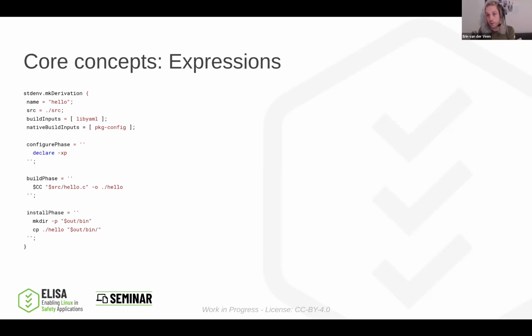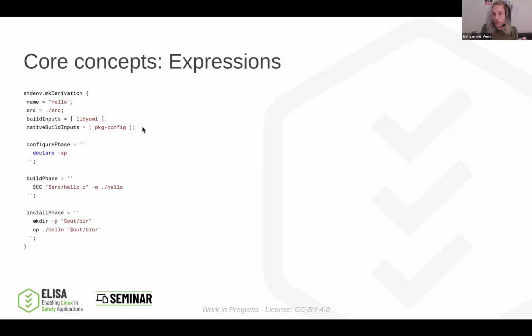all the dependencies that are necessary to build this file, and they are explicitly listed here. So you define the name of the package, the source, which can be a local source like here. It can also be an upstream source like a Git repository. That's all fine. And you explicitly define every build input. For instance, libyaml, because GNU hello reads from a YAML file.